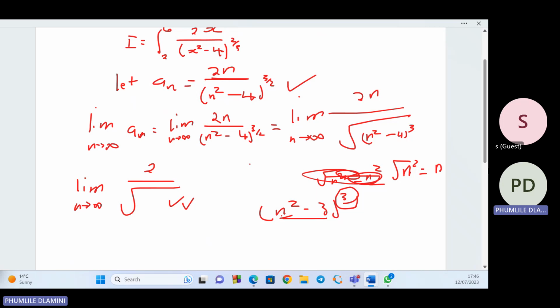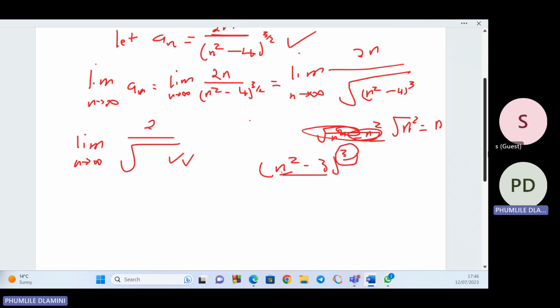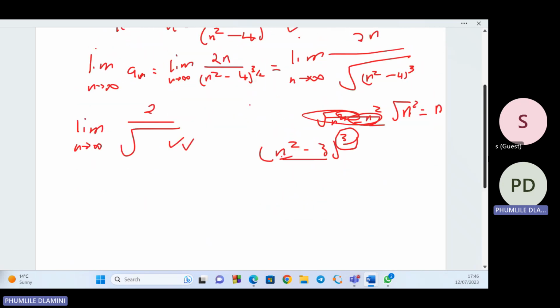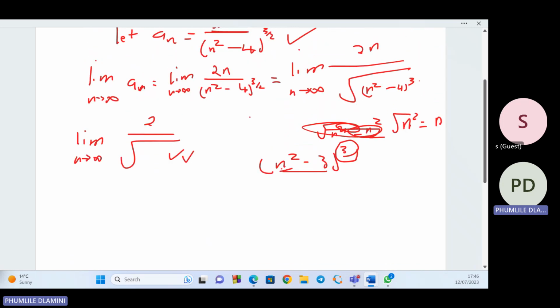The other method we can still use, which I also want to make sure is allowed in real analysis, I will check that for you, is L'Hospital. L'Hospital states that we differentiate the whole equation.